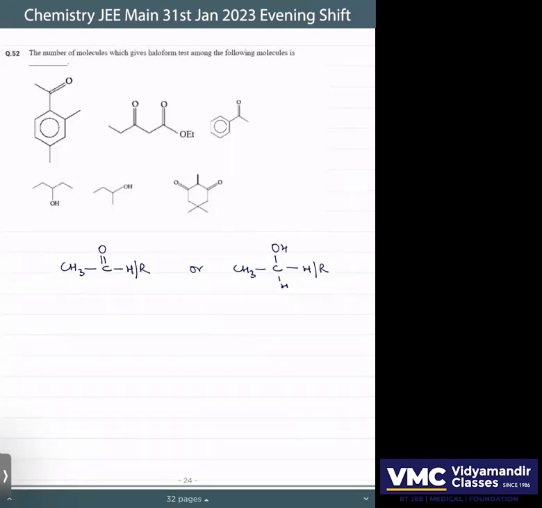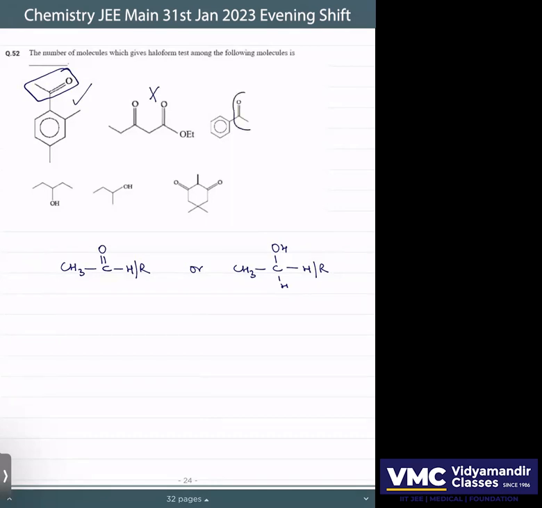Let's search in this. Here I have C double bond O CH3, a methyl ketone, present here. It means this will show positive haloform test. In second option, this group, methyl ketone, or this alcohol is not present. It will not show haloform test. It will give negative haloform test.